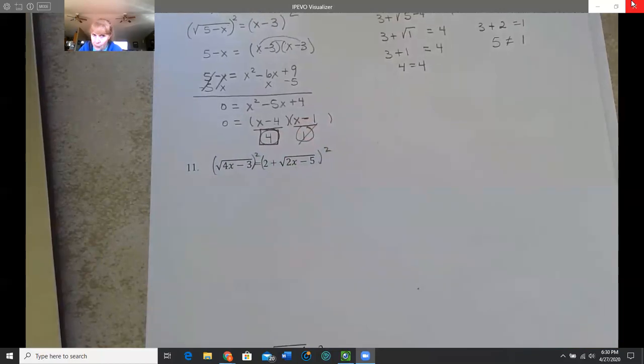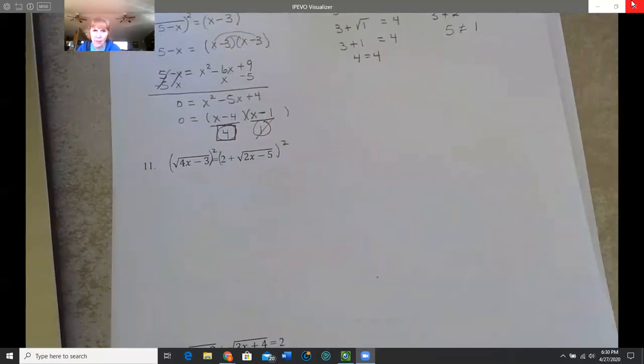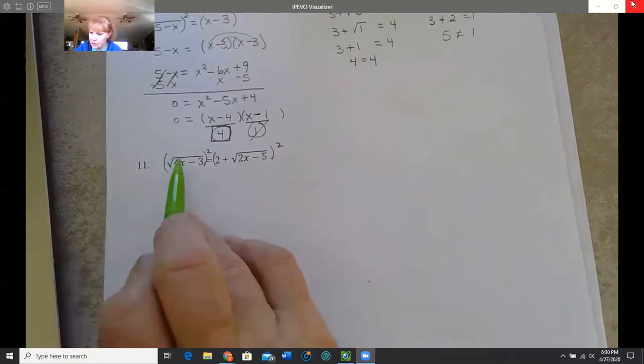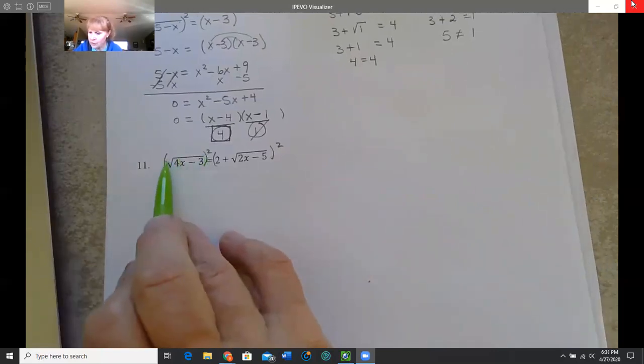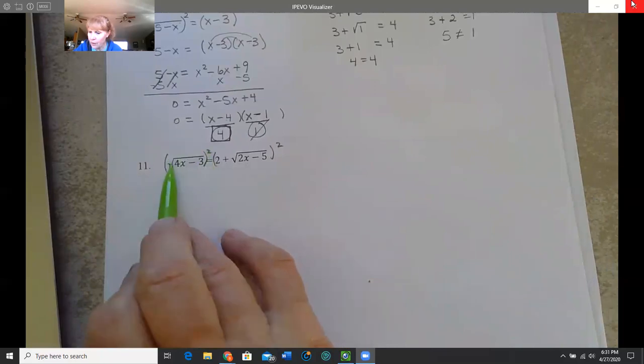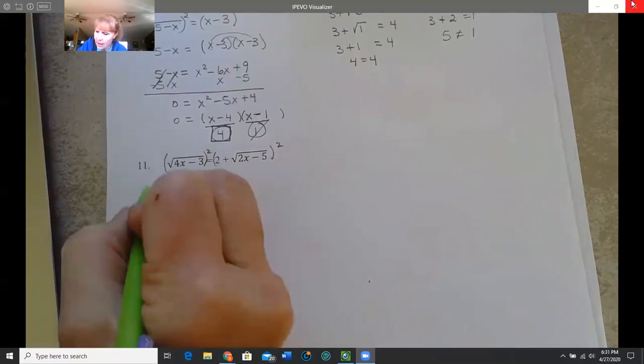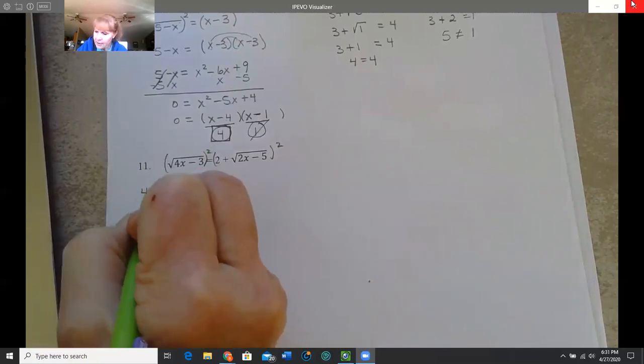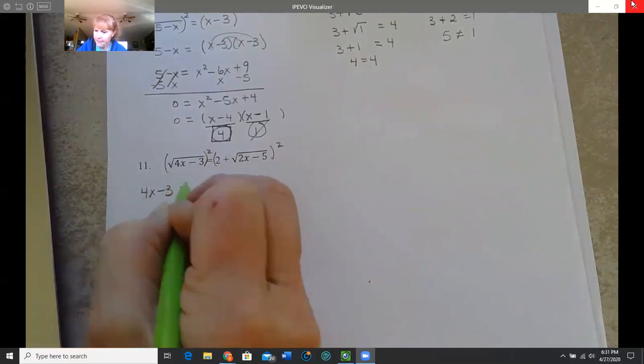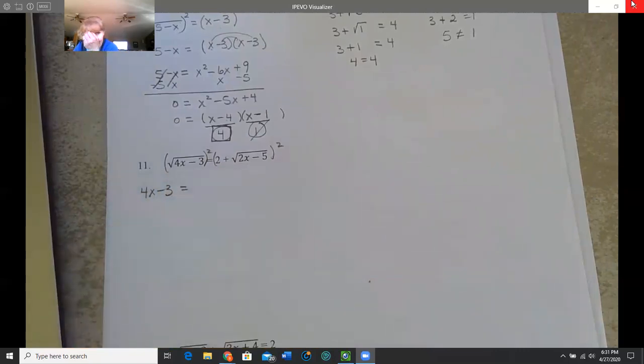Now, when I do that on the left, no problem. It's just a single radical, and when you square a square root, you're just left with 4x minus 3. But what about the right-hand side? It's kind of like what we did up above with the x minus 3s.